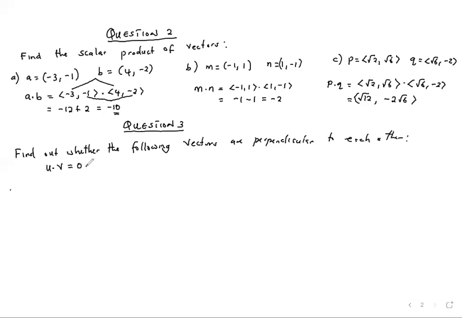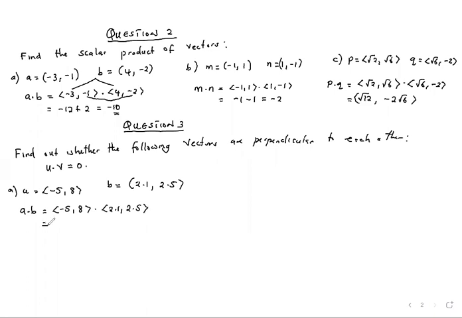So A, we are given that A is equal to (-5, 8). B is equal to (2.1, 2.5). So we do A dot B, we get (-5, 8) dot (2.1, 2.5).